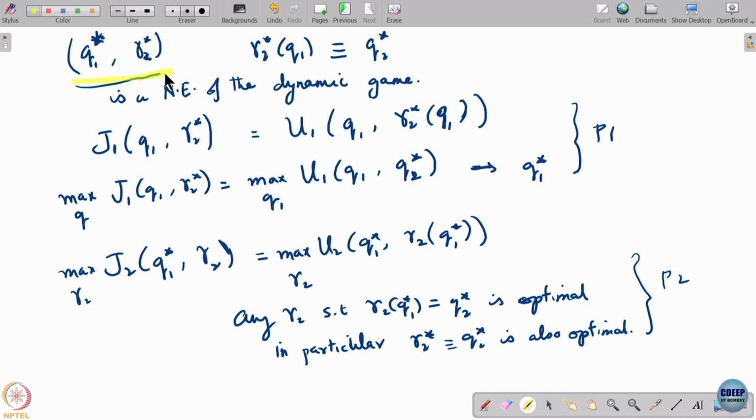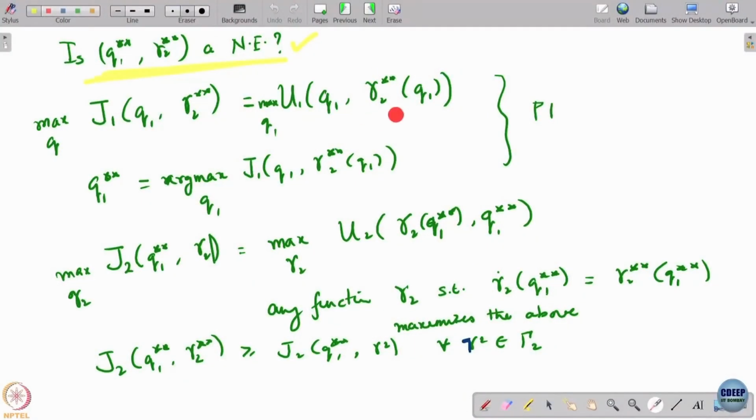So, let us understand what is happening here. Okay, let's first interpret the earlier Nash equilibrium. In the earlier Nash equilibrium, what was player 2 doing? Player 2 was responding optimally to every quantity that player 1 could have played. That was his strategy, right?